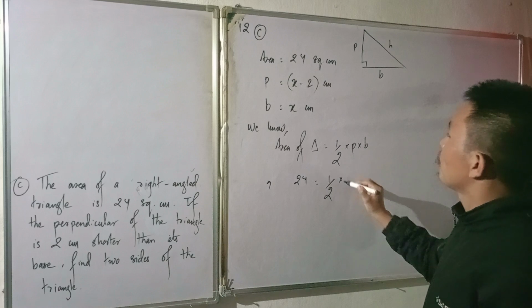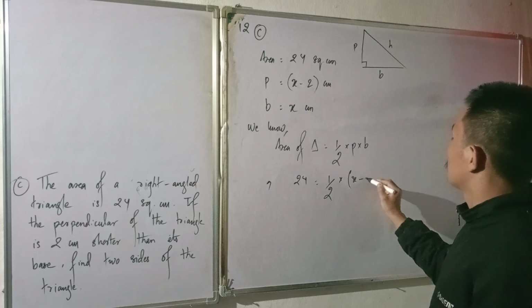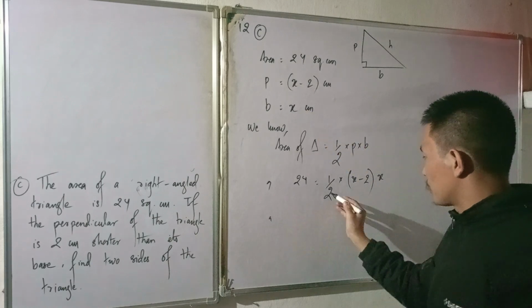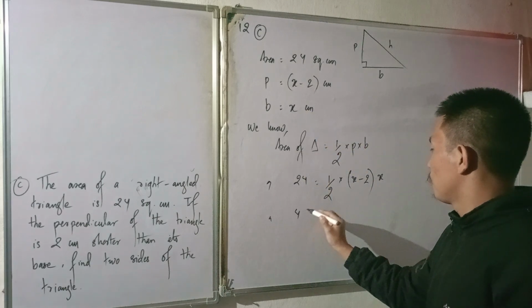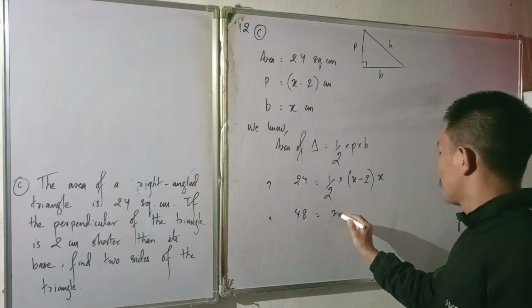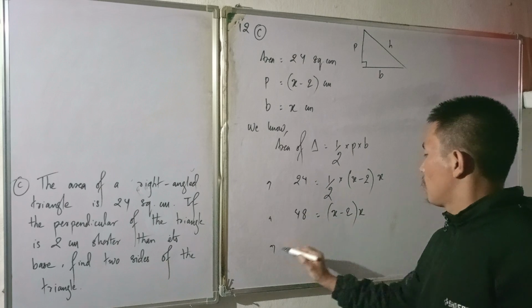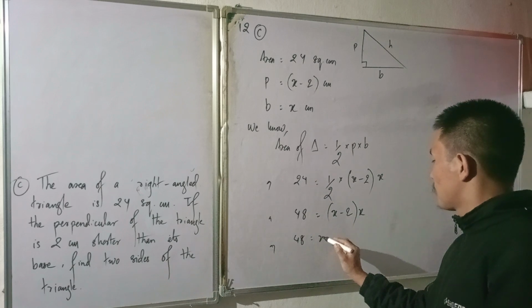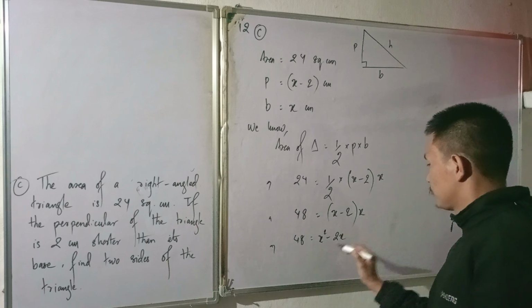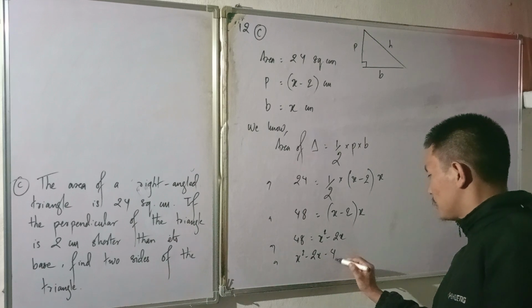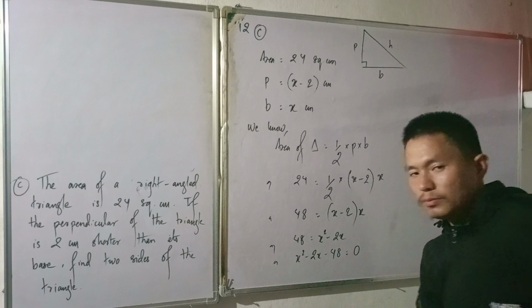P we have considered as x minus 2, so replace that value, and B is x. You multiply this: 2 times 24 is 48, so 48 is equal to x minus 2 times x, or 48 is equal to x square minus 2x, or x square minus 2x minus 48 equals 0.